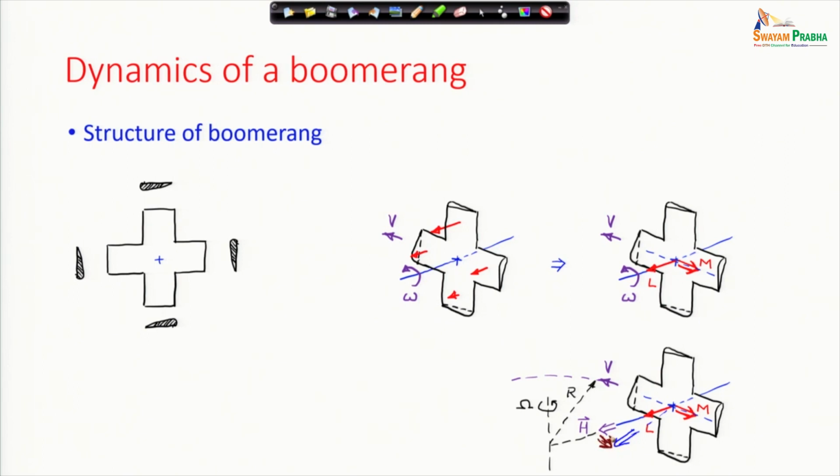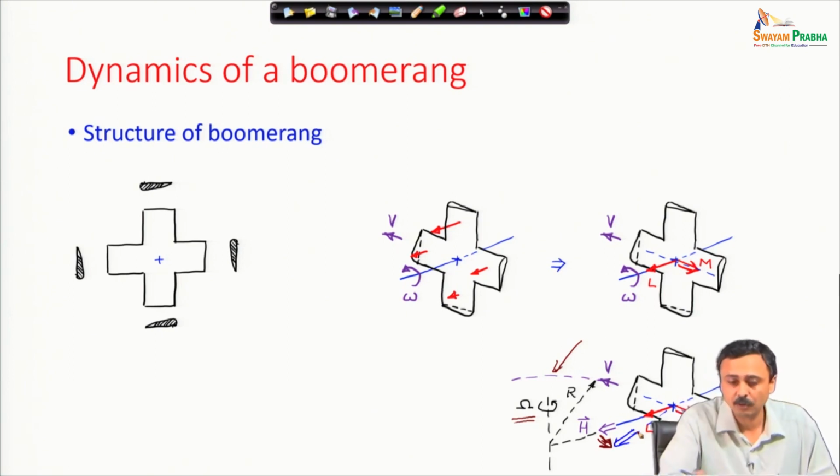As that happens, the boomerang is going to change its course, and rather than a straight path it is going to follow a curved path with a certain radius of curvature, and this is the precessional angular velocity of the boomerang. Because of this moment, the angular momentum is going to keep rotating, because the face of the boomerang keeps rotating and the moment is fixed to the boomerang.